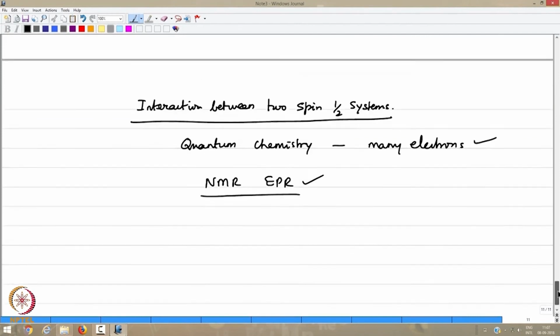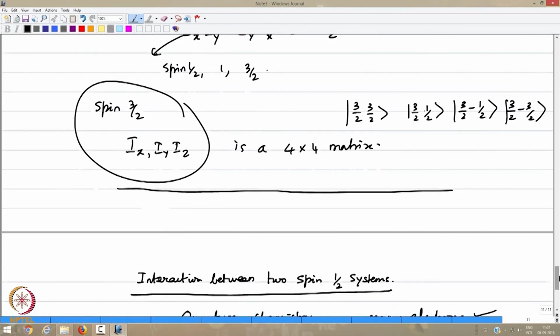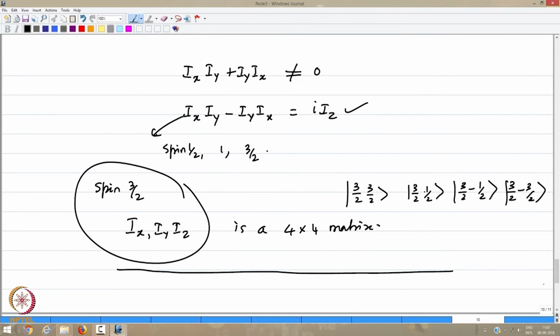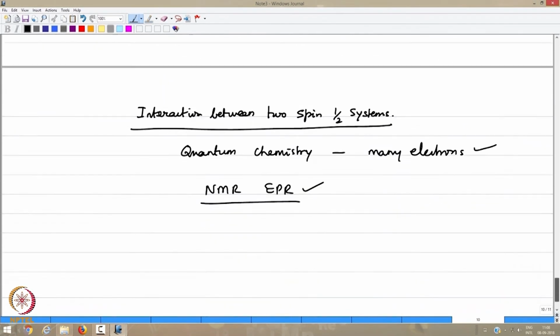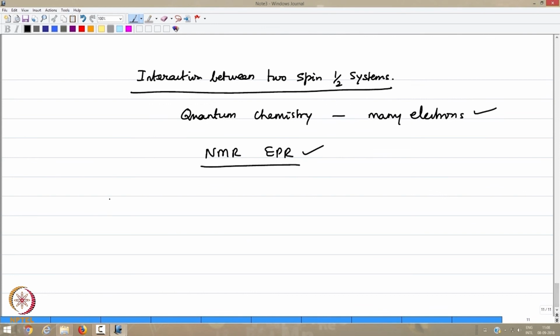We will stop here, concluding that it is possible for us to write matrix representations for all the operators Ix, Iy, Iz, and a host of others, namely Ix square, Iy square, Iz square, Ix Iy, Ix Iz, Iy Iz, all these operators for any I.